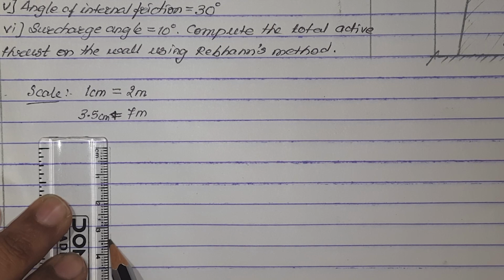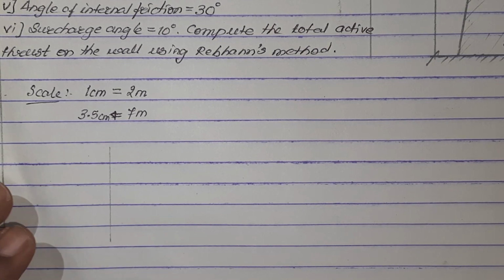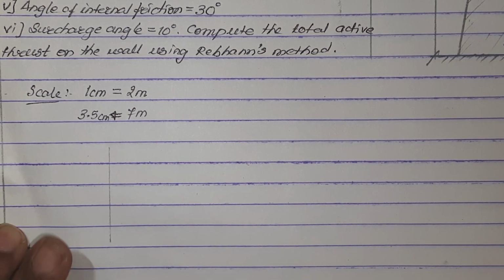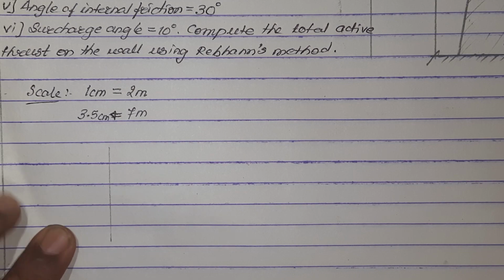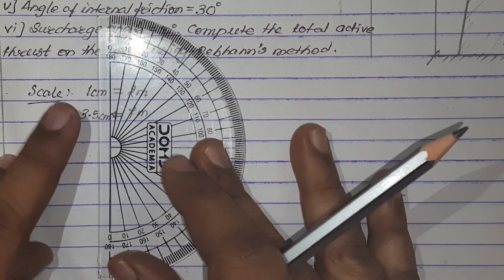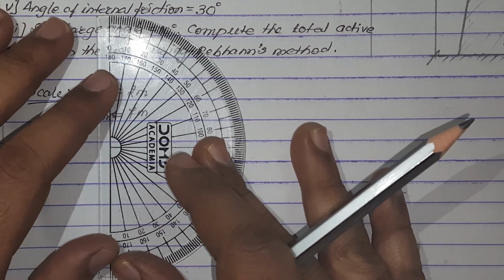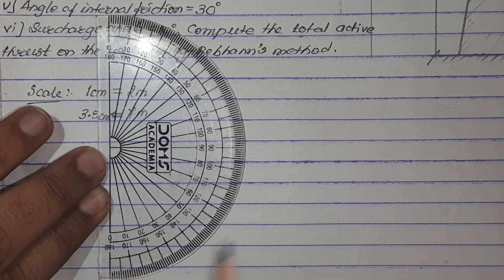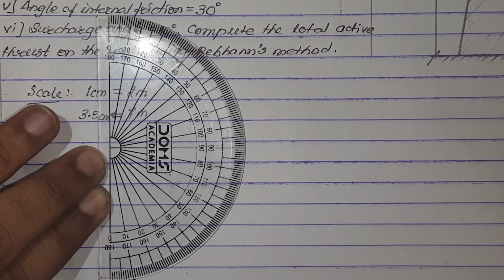This is a rough line which we have drawn. This is the vertical face, but the retaining face is 10 degree inclined to this vertical line. Hence, draw that inclined face using protractor. That angle comes out to be 10 degrees here.